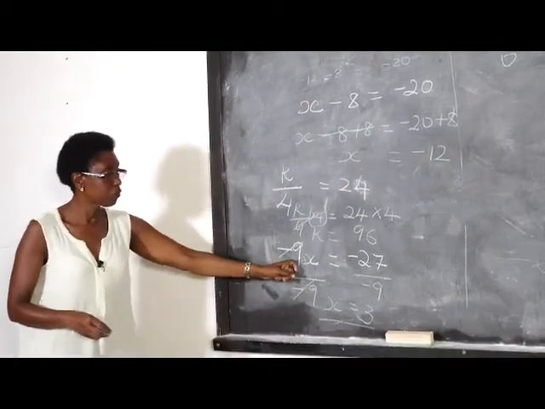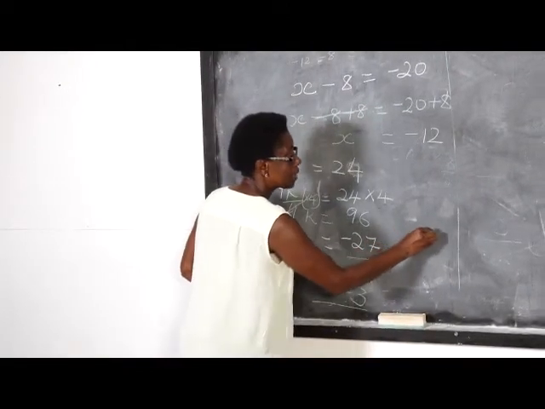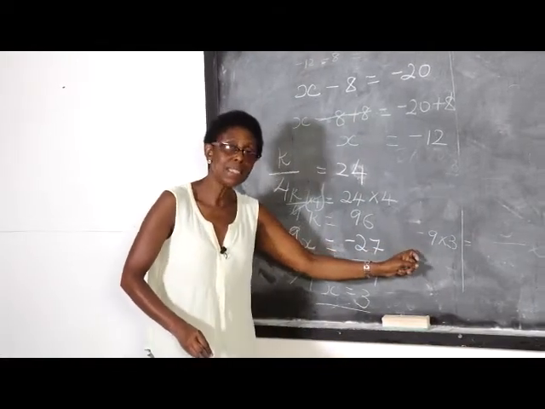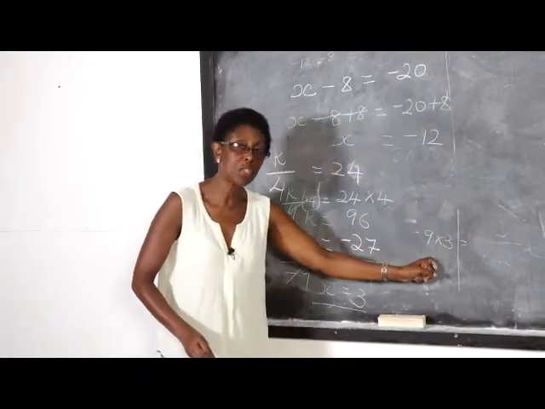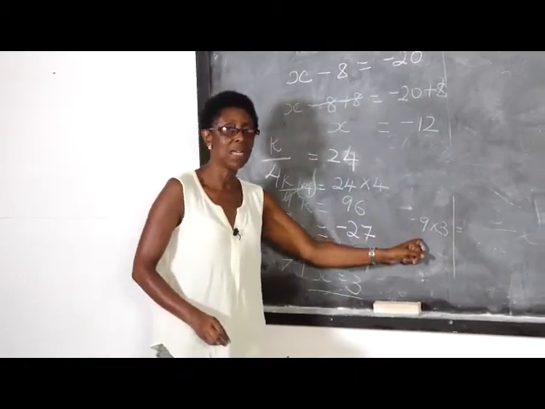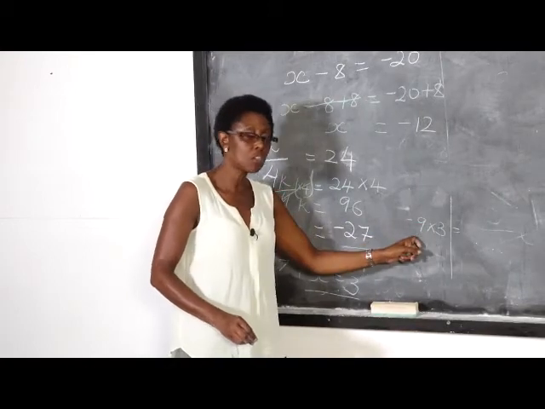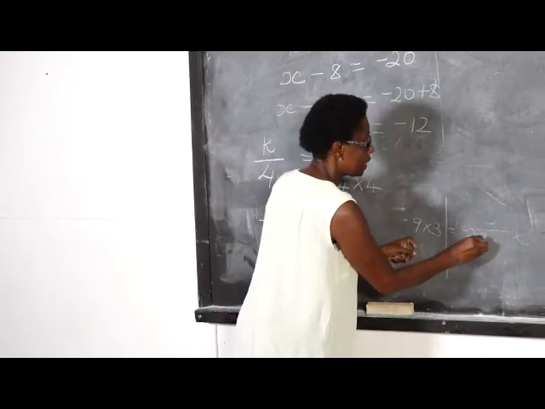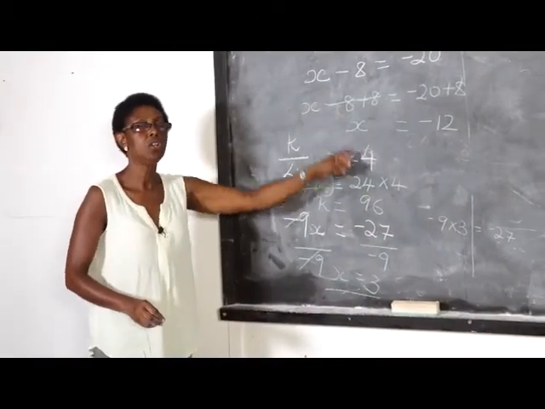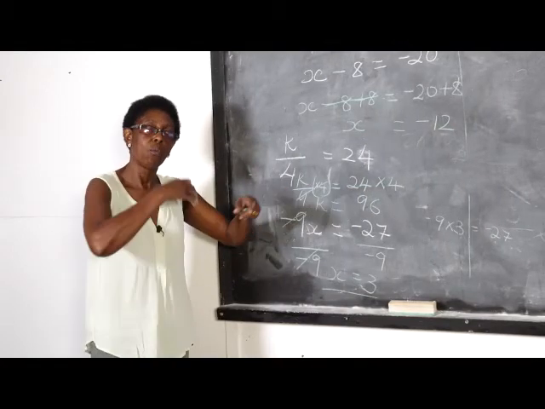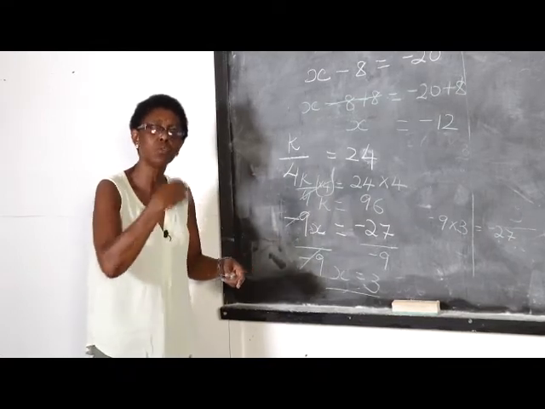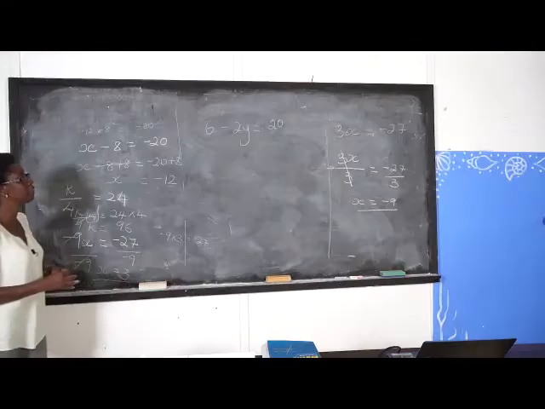If I put a 3 there, so I've got minus 9 times 3, when you have a negative number, you multiply it by a positive number, you get a negative answer. So I've got 3 lots of minus 9, that's minus 27. So therefore I know that my answers are correct. Very, very important to check your answers. Whilst you're practicing, check your answers. You're confident in the exam because you are now confident. You may not have the time.